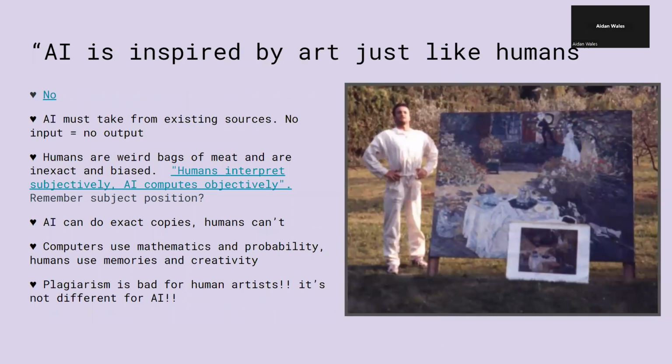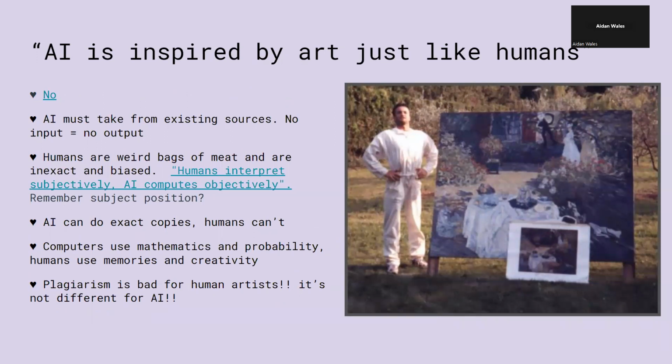So yeah, one of the things that a lot of pro AI people say is AI is inspired by art just like humans. The answer is no. The thing about AI is it must take from existing sources. Basically, it can't generate things out of midair.